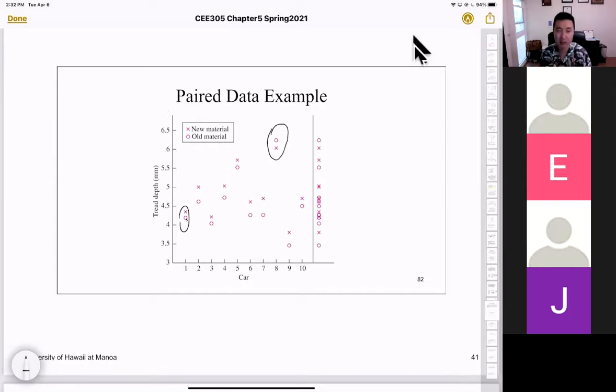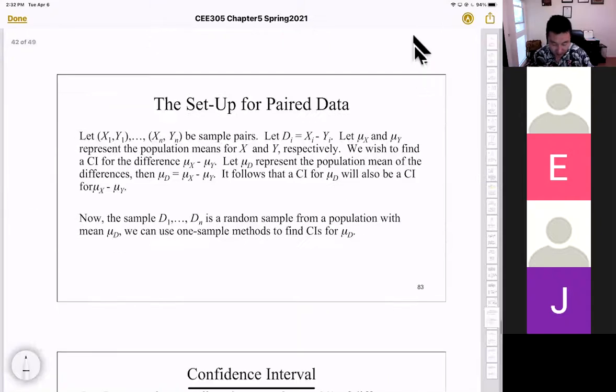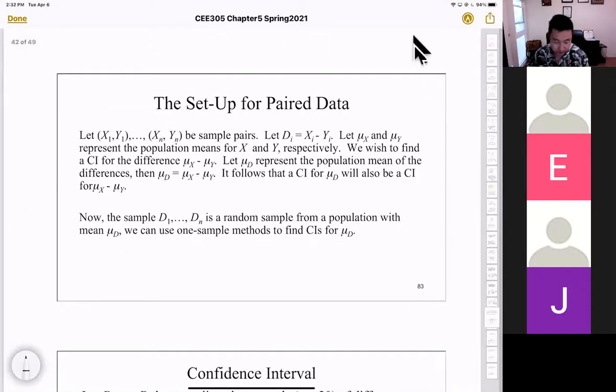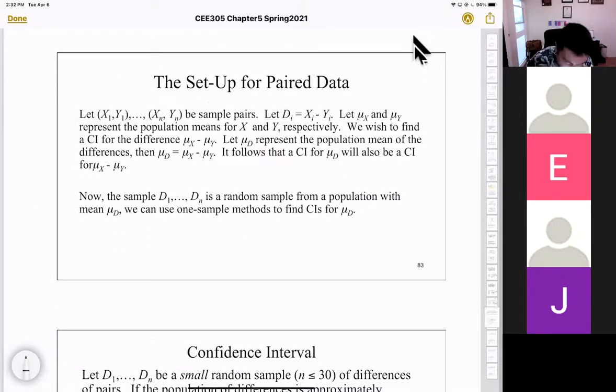So this is another example of paired data. The setup: define x1, y1, which is one pair, up to xn, yn, another sample pair. di is the difference between xi and yi.